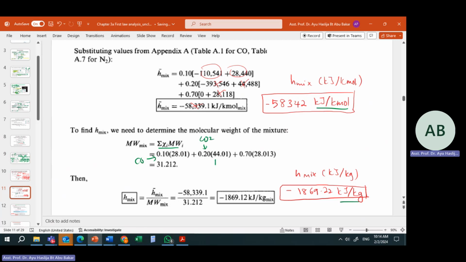This one is molecular weight for CO2, and this one is N2. Molecular weight of N2. So this one we get the mixtures molecular weight. Okay, then we divide the total kilojoule per kmol tadi, divide the molecular weight.